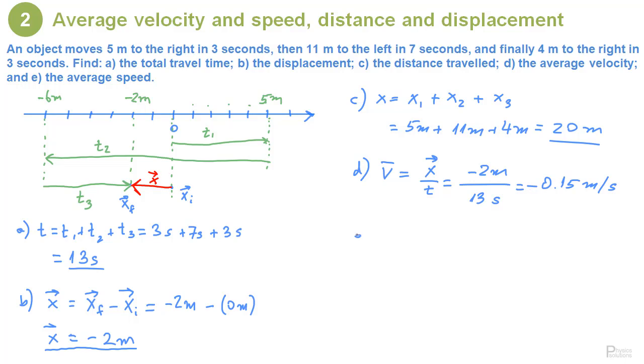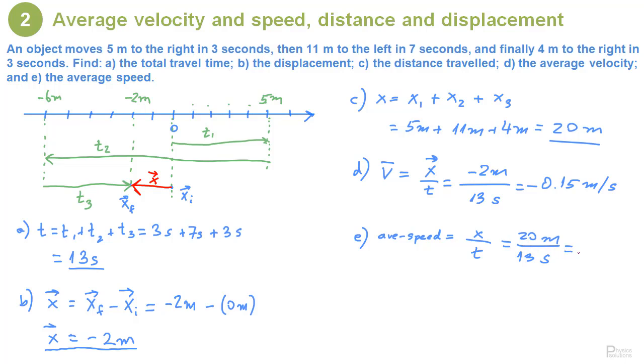Part E. Average speed is not the same as average velocity. In fact, we can write average speed as simply the total distance traveled divided by the total time. For the total distance we found in part C is 20 meters and the total time is again 13 seconds.